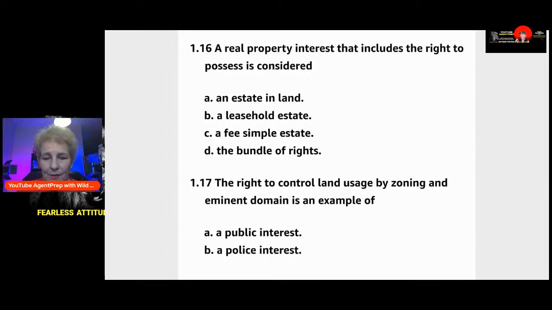Oh, so now I remember, well, I don't remember, I saw it. The way you remember the bundle of rights is called DEPCE, the letter C. So when you remember that acronym, you can remember the bundle of rights: the right to dispose, the right to enjoy, the right to encumber, the right to possess and control.